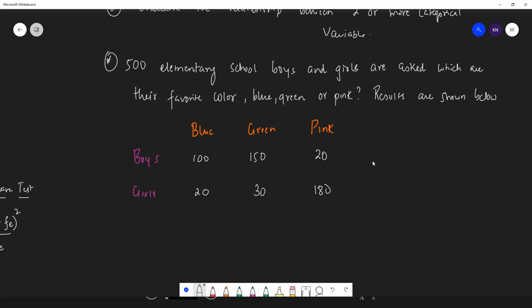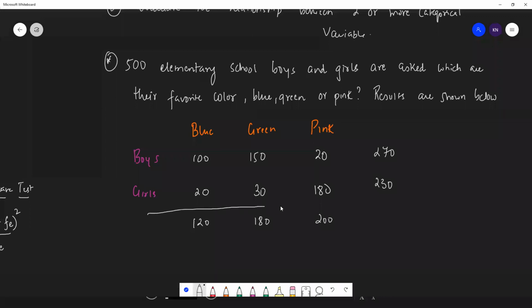What is the total of all these things? Total 150, 150 and 250, 250, 270. This is 50, 230. And then I basically have the column totals as 120, 180, 200.